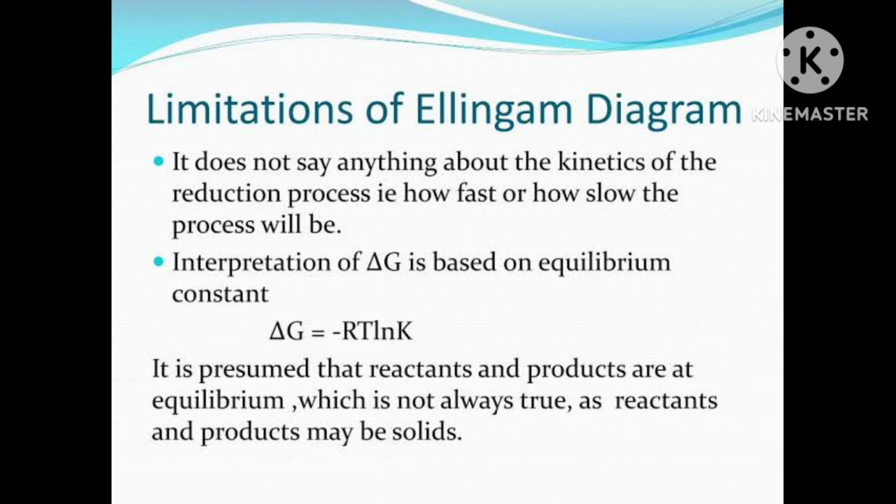If the difference is large, the reduction is easier. If the difference is more, it means both are far apart, the distance is more, then the change in delta G value will be more, and reduction will be easy.